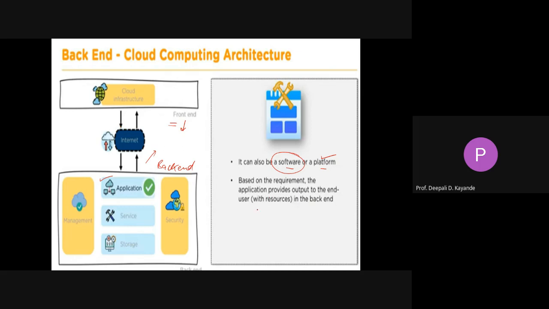Now again, it is said that with resources. It's not necessary, that is the reason it is written in brackets. From the backend, resources, as in a response, could come with a password. For example, if you are registering for the GATE exam or for some entrance exam and you need a password, generally all these websites provide you with a default password or something. So it may happen that from the backend again you are getting something. Like if a PDF is generated, that is a resource which the backend is providing you. Suppose you filled out an application form for the GRE or whatever, then the PDF of that report is generated and comes from the backend for you as a user, for download purposes or for printing or something like that.